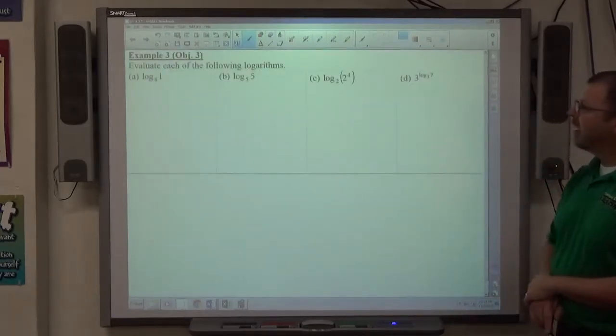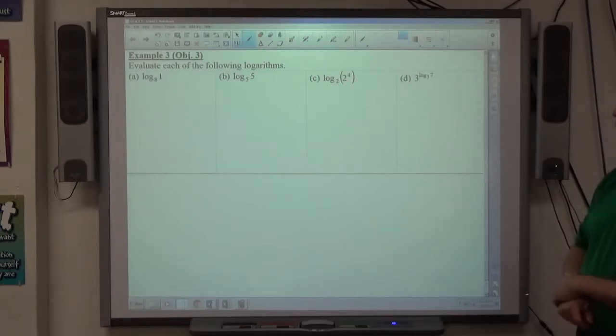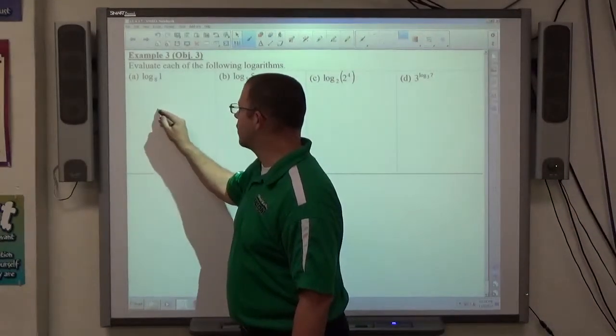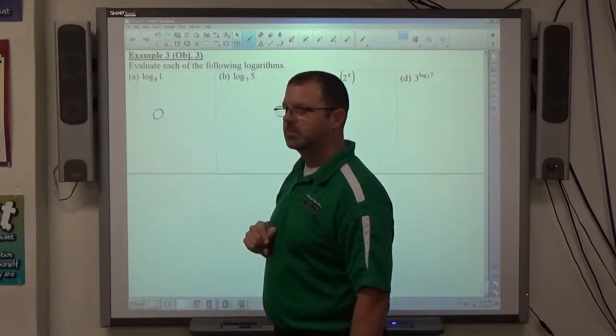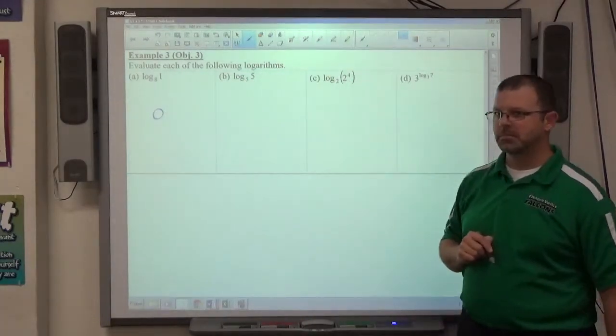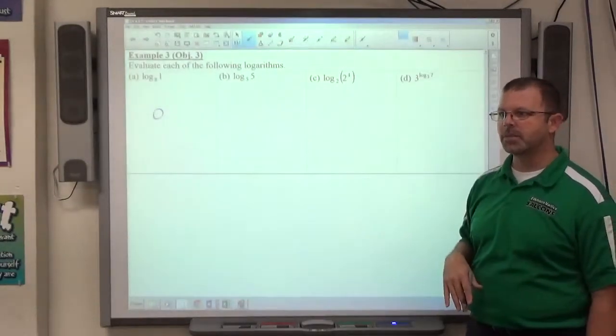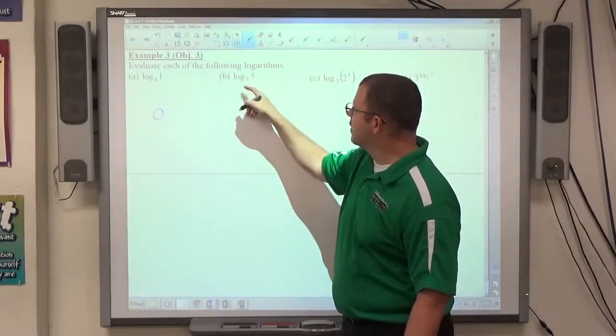So, example 3, we're supposed to evaluate each of these. First off, log of 1 base anything equals 0. There's no work to show. It's just that is what it is. All right. Log of anything base itself equals 1.